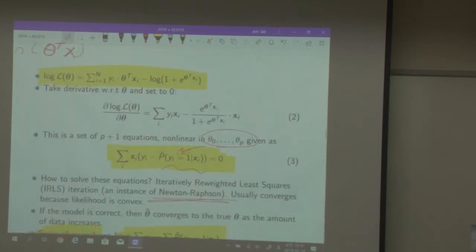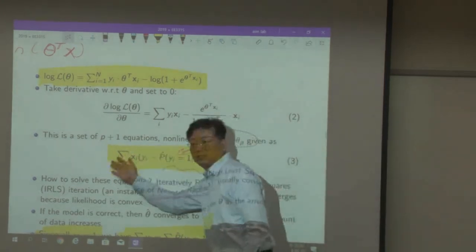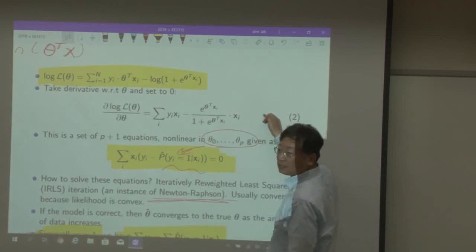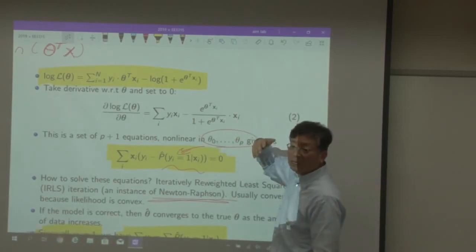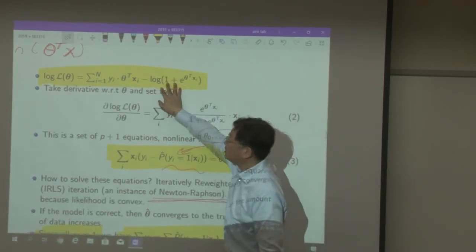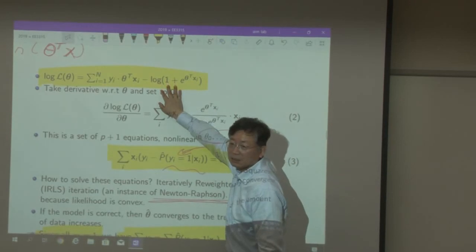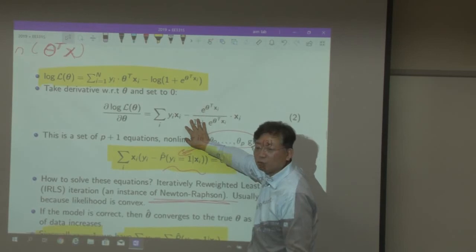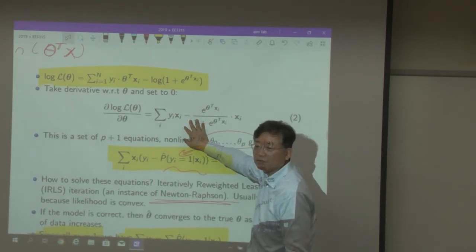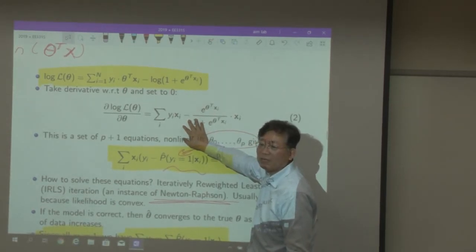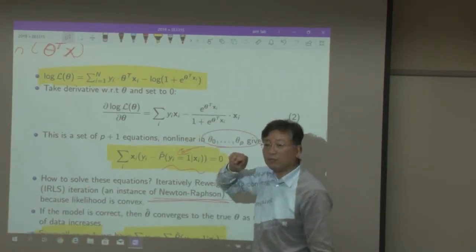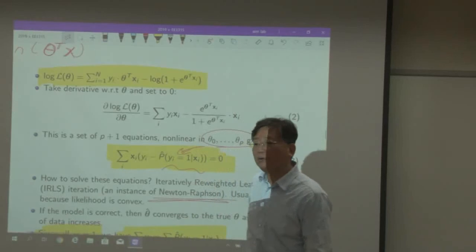You know, we've changed this problem to this: finding the root of the derivative. We want to set the derivative to zero, right? So we want to maximize this, and that turned it into a problem of finding the root of the derivative.